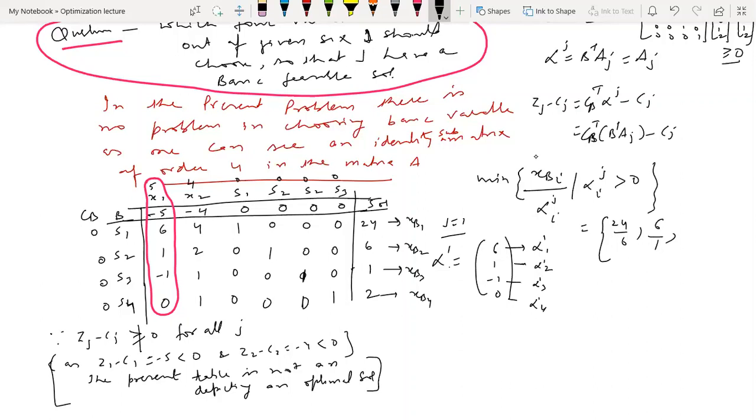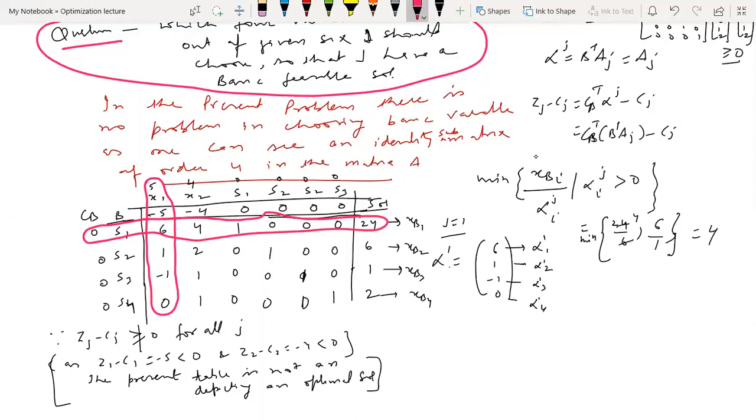And the fourth one is 0, again I am not taking into account. So I have to close this bracket and calculate the minimum of these two. So the minimum value comes out to be 4. But at which index is the 4 coming? It is coming at the first index because 24 by 6. So that means I have to leave S1 from the basis.